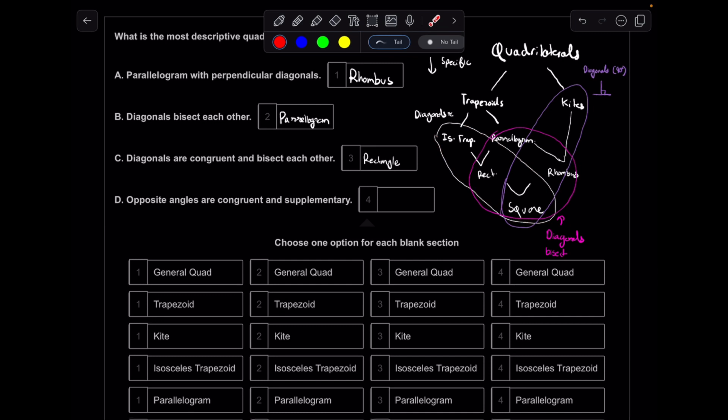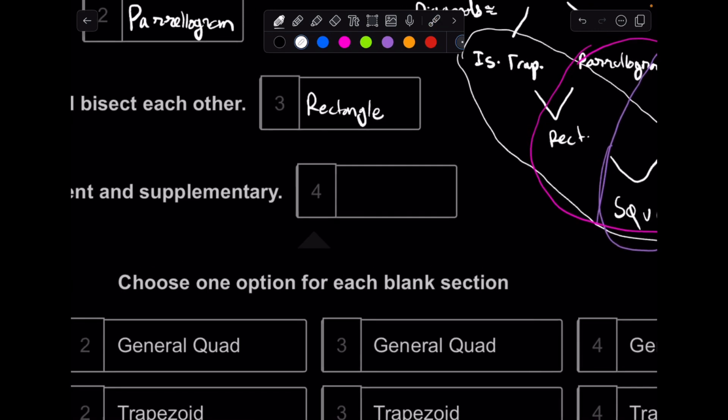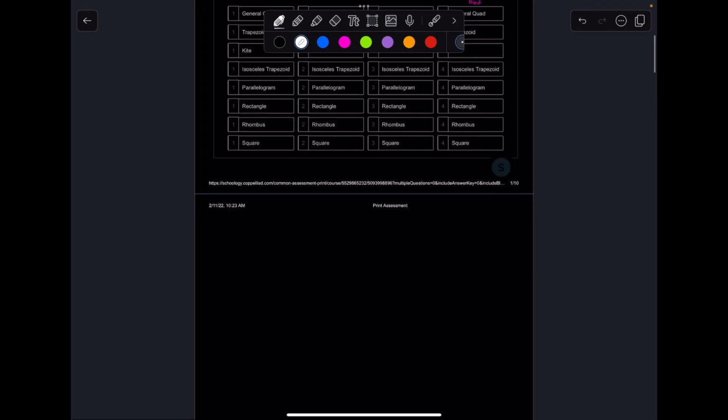That means the opposite angles, when you add them up, are supplementary, right? So the parallelogram has this trait, because opposite angles are congruent and supplementary. So this description would accurately match a rectangle again, because it has this property and it's the first. So we're going to give this a rectangle.